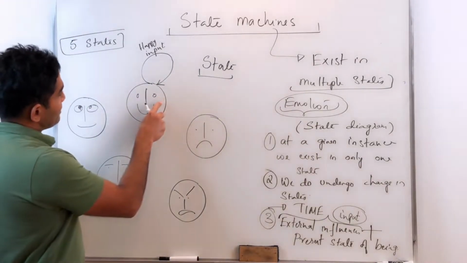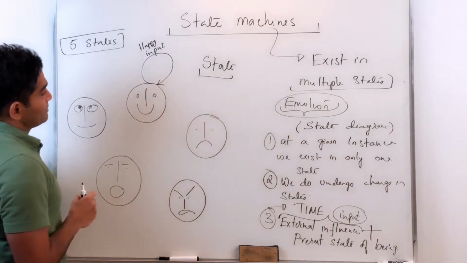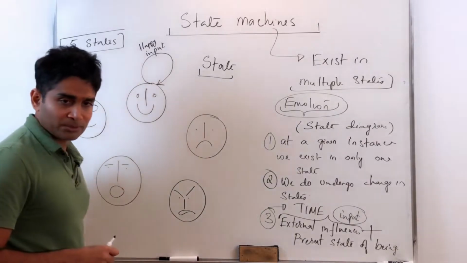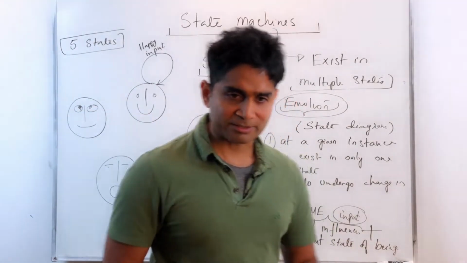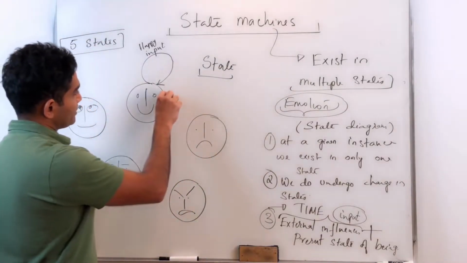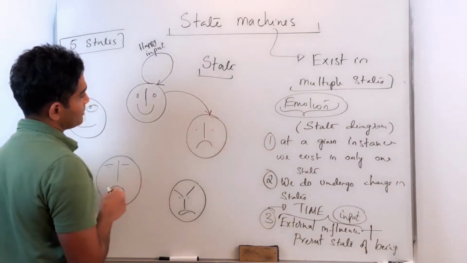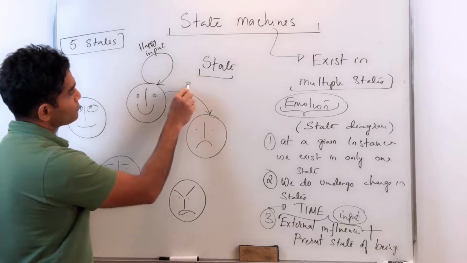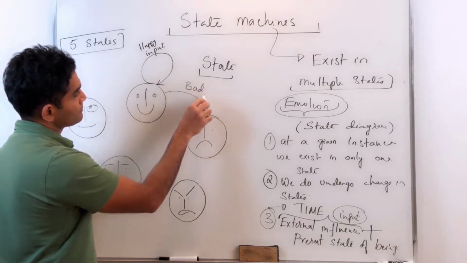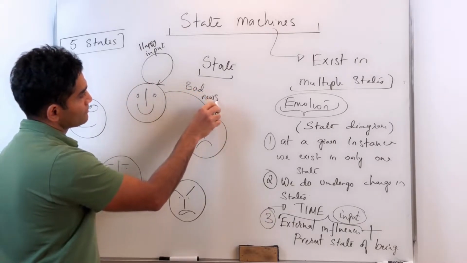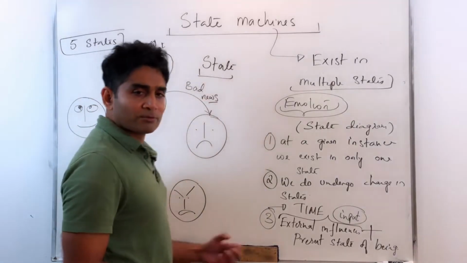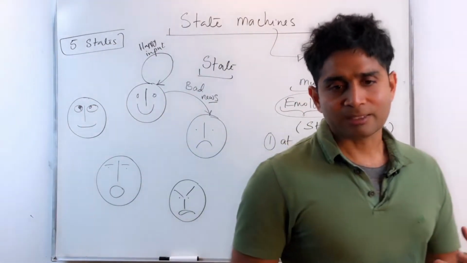I'm in the happy state. What takes me to the sad state? What kind of external influence would take me to the sad state? Again, that could be some kind of bad news or something. An external influence, when I'm in the happy state, that takes me to the sad state.